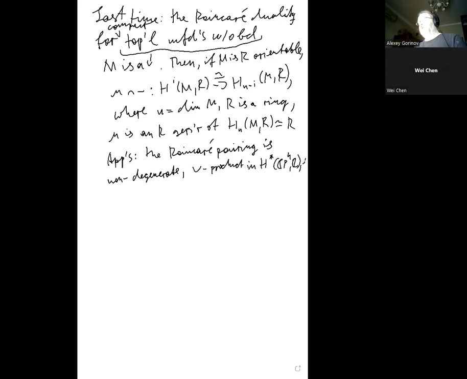And the fact that the Poincare pairing is non-degenerate allows one to calculate the cup product in, for example, the cohomology of the projective spaces. Well, before we move on to more general versions of the Poincare duality, let's see another application.